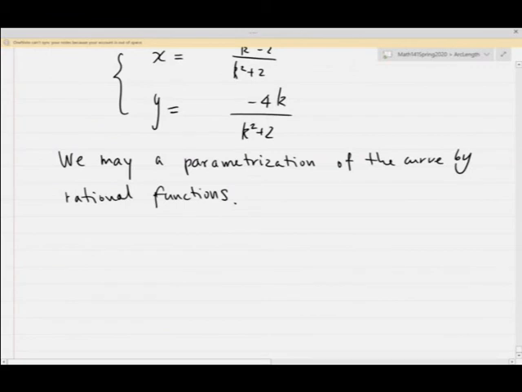Okay. For instance, an example: y squared equals x cubed minus x. This is degree 3. Now this one, you cannot find.